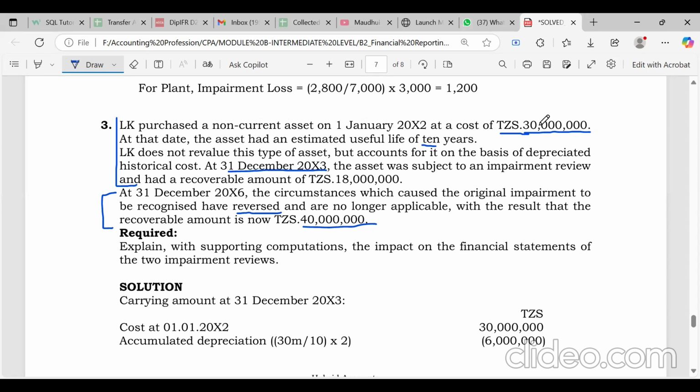It's 2 years: the whole of 2022, because this is January, and the whole of 2023. So get depreciation for 1 year and multiply it by 2 to get the accumulated depreciation. 30 million cost minus residual value, divided by 10, is 3 million.